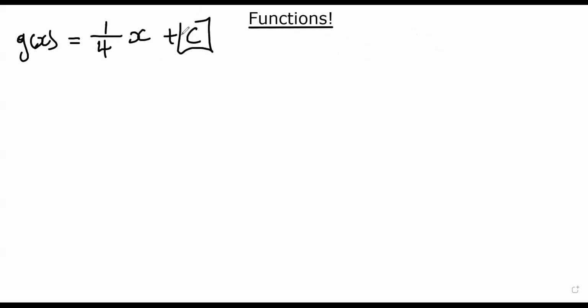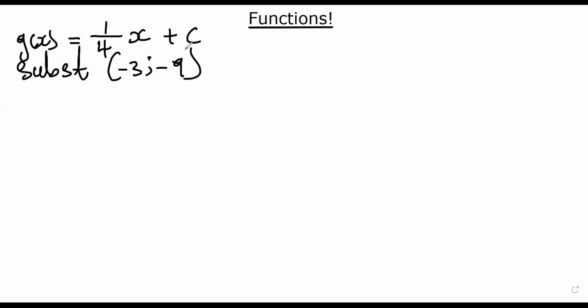So now we just need to find the y-intercept of this g. And of course, in order for us to find the y-intercept of g of x, we need to substitute the point (-3, -9). So in other words, the y value is going to be -9 every time when the x value is -3.